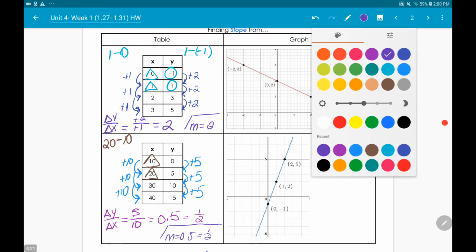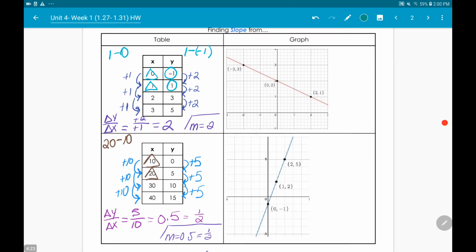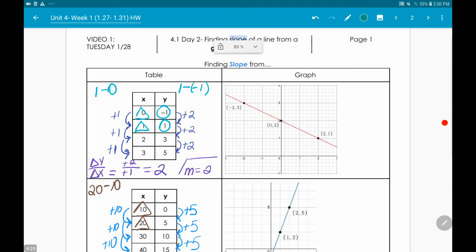All right, now let's look at a slope on a graph. It's hard to see it just by looking. So what I'm going to do is pick 2 points that I like. I like this one here that's labeled for us, -2, 3. And I like this one here that's labeled for us, 0, 2.